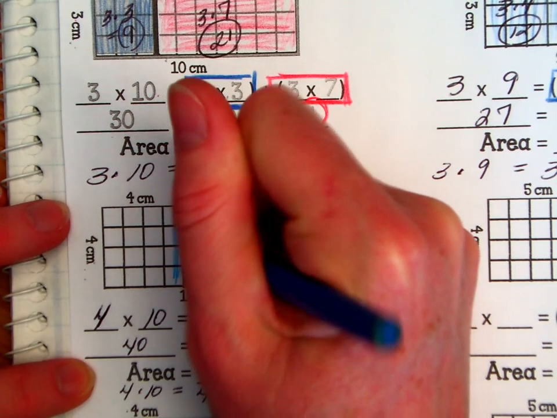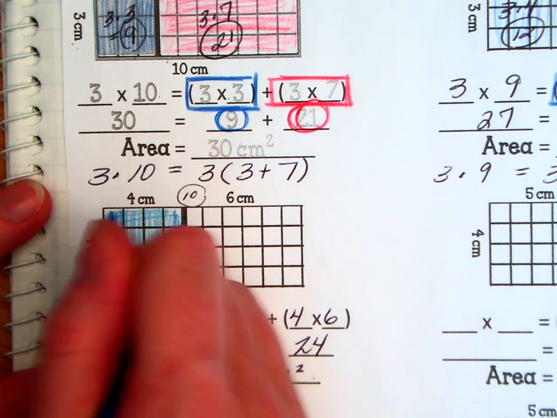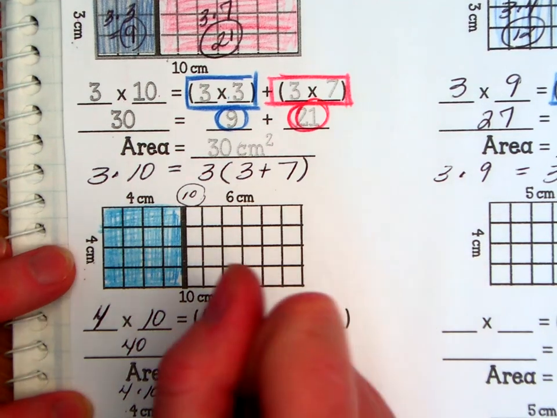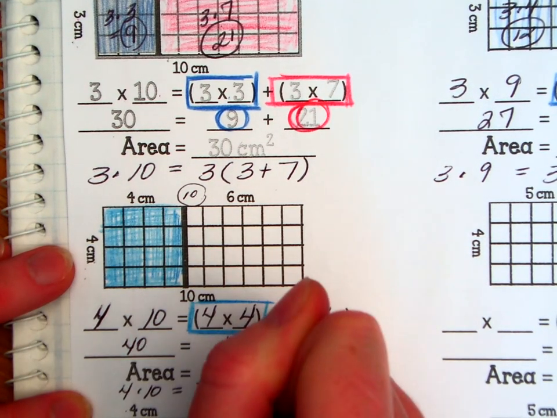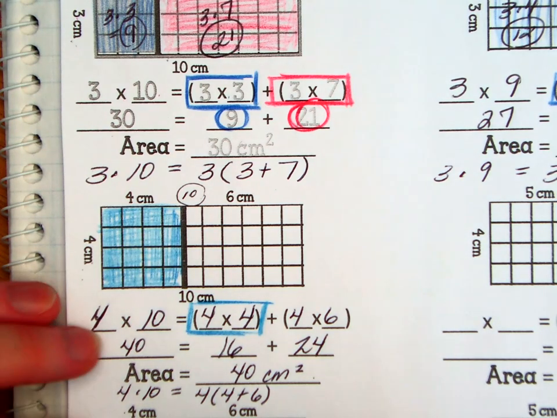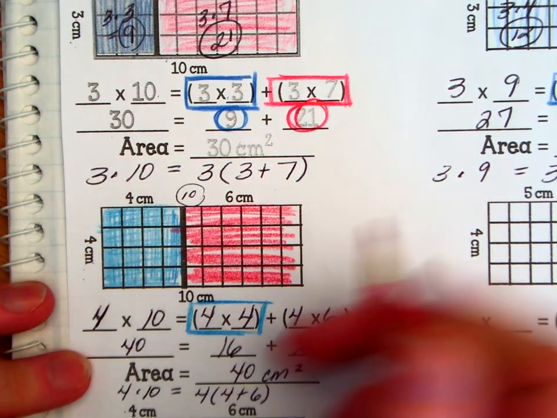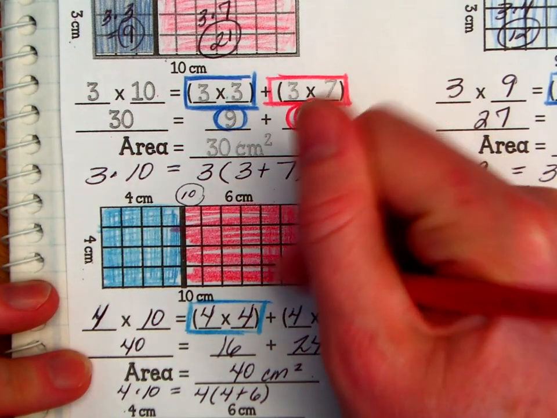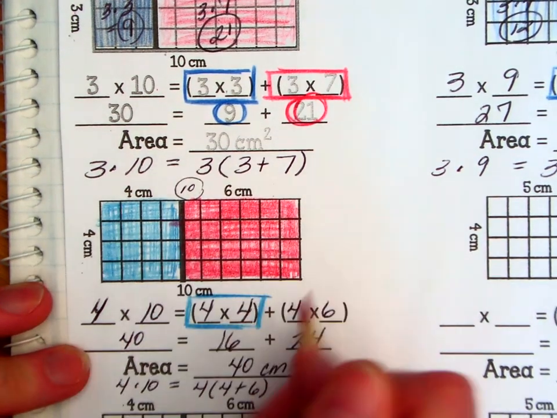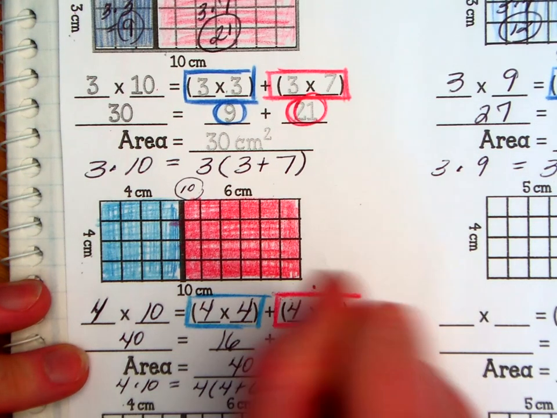So in here, we have 4 times 4. That is located here. In here, we have 4 times 6.